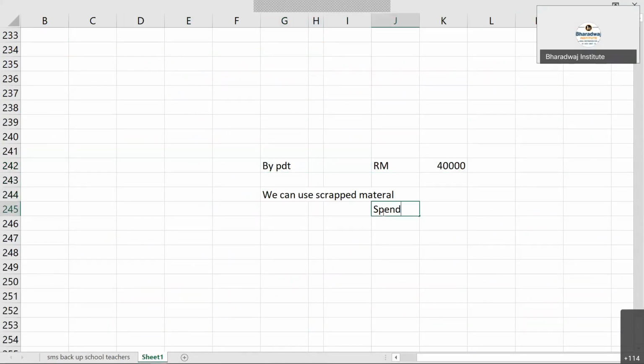I have to spend additional money, 10,000 rupees. So I save this 40,000, but I have to spend this 10,000. The net realizable value for the inventory is 30,000. NRV is 30,000. So I'm not going to buy the raw material for 40,000. I'm going to use this scrapped material by spending 10,000. So the value of the raw material is 30,000.